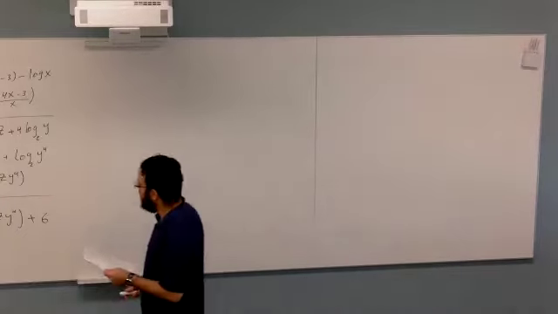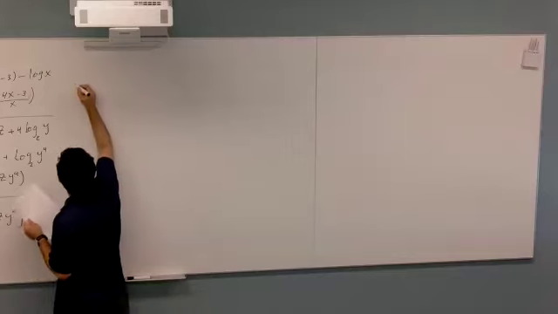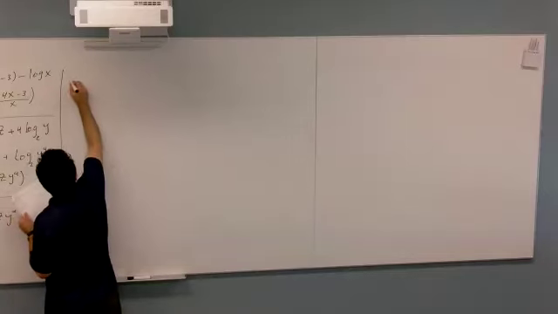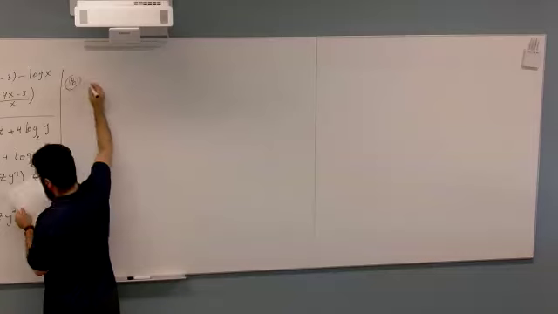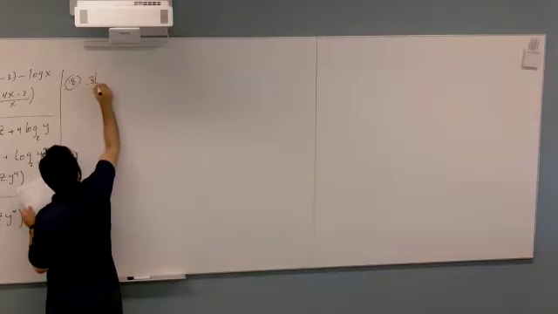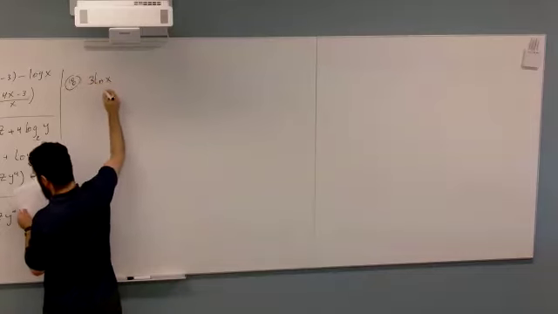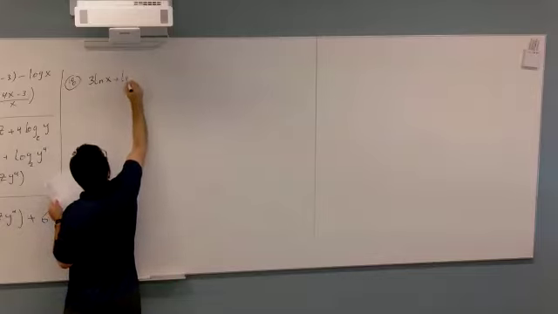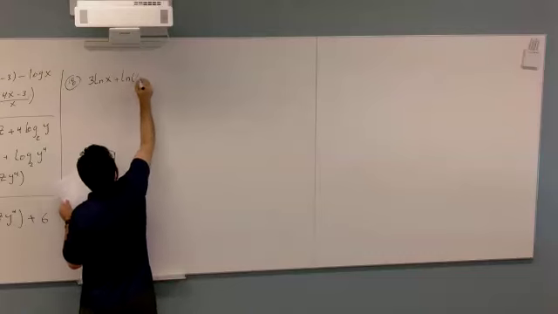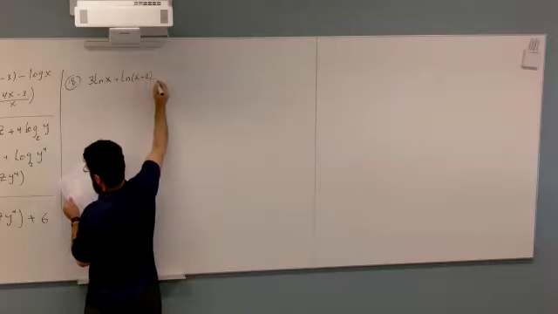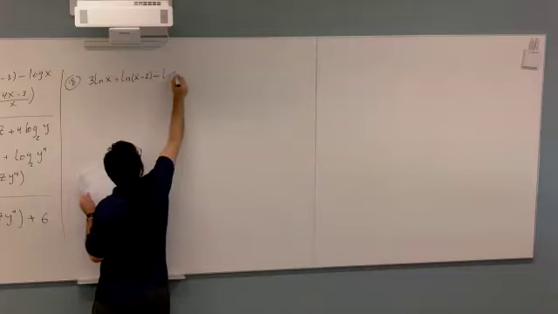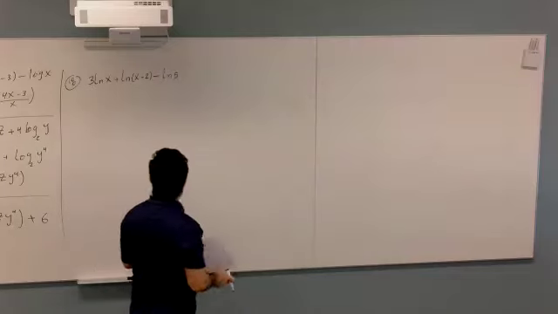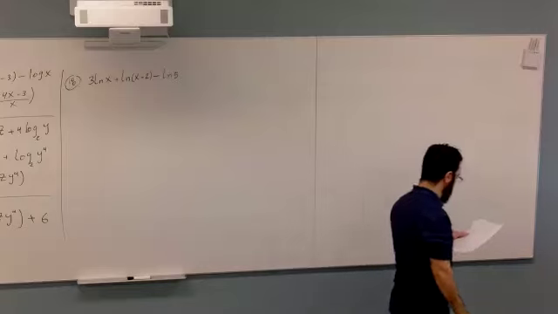Number 18. We have 3 ln x plus ln of x minus 2 minus ln 5. How are we going to work on this? What's the best step you want to do?